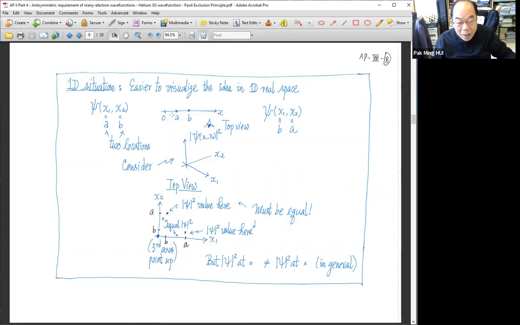And then one particle takes on a coordinate x1 equals a here. Okay, that is one position. Another takes on b, so x2 is b here. Now, if I switch the coordinates of the 2 particles, the wave function should become phi of b comma a, right? If you have a function of 2 variables, this will give me one number, this will give me another number.